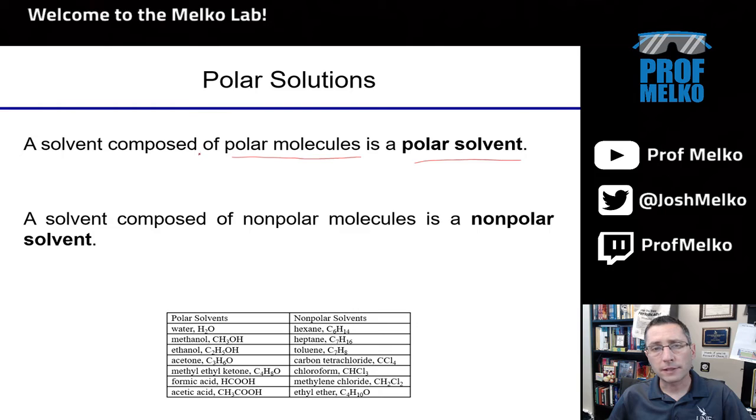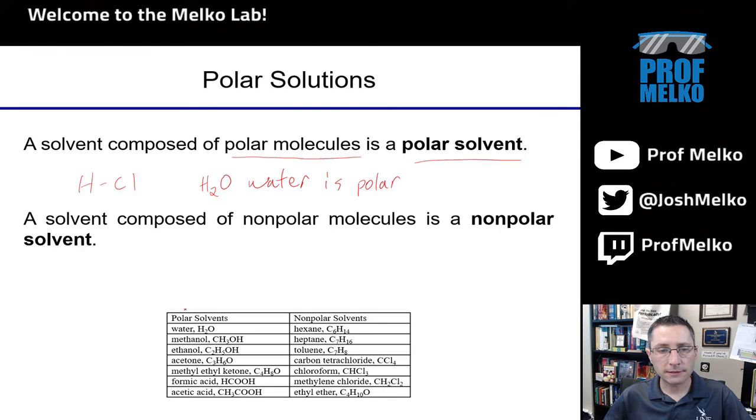Remember, if two elements differ in electronegativity, like maybe H and Cl, these differ in electronegativity, or how badly they want an electron, so this represents a polar molecule. In the same way, hydrogen and oxygen have different electronegativities, so water is a polar molecule. And so if the solvent is water, that's a polar solvent.